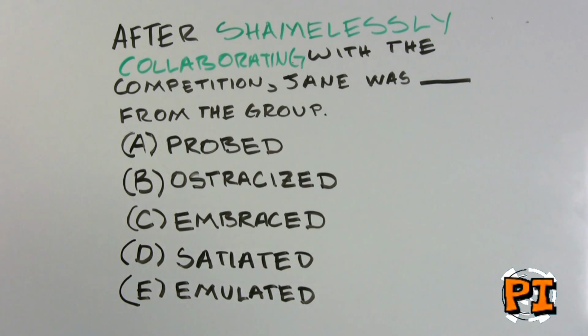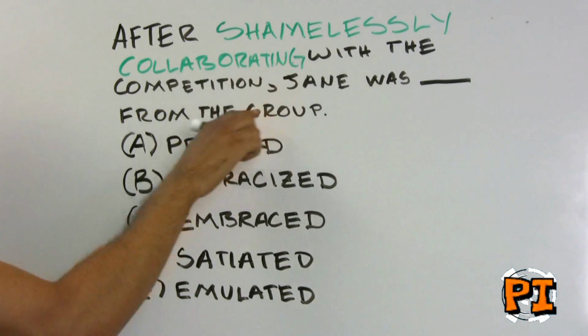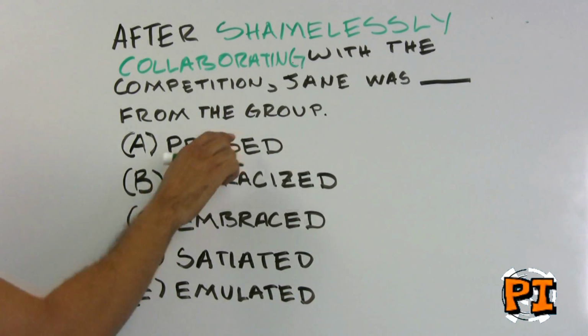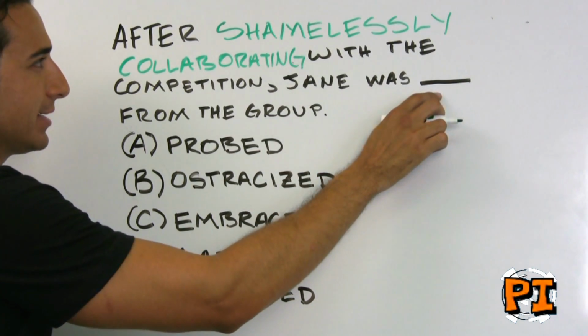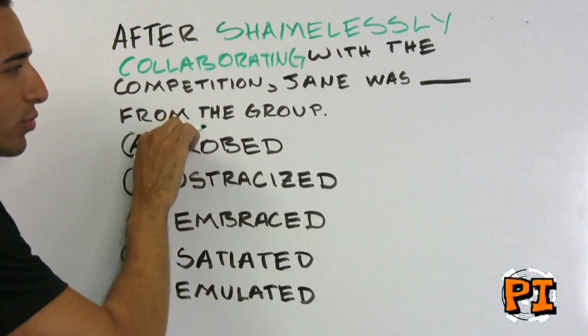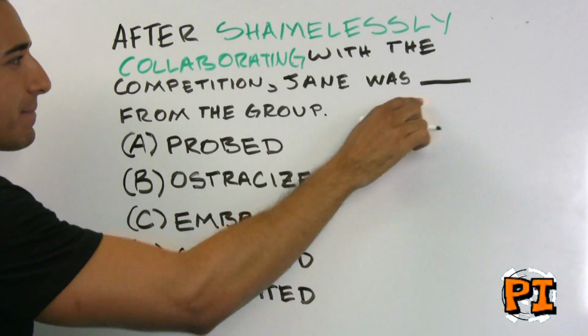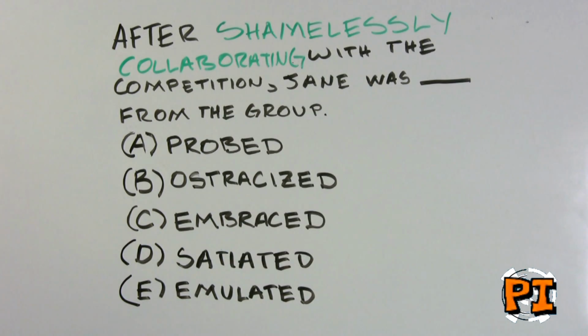Again, the subject is still Jane, but what do we know about Jane now? She was shamelessly collaborating with the competition. If you're one of her group members, are you going to be happy about that? Probably not. So you know whatever Jane was doing was bad, so the group is going to do something bad. The group is going to not feel good about it.